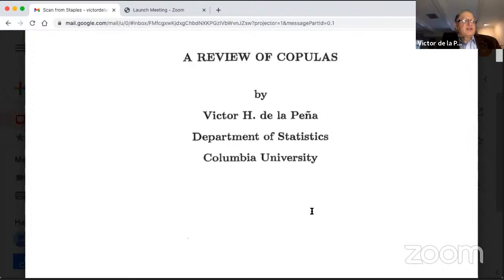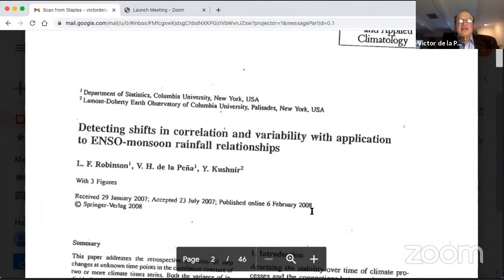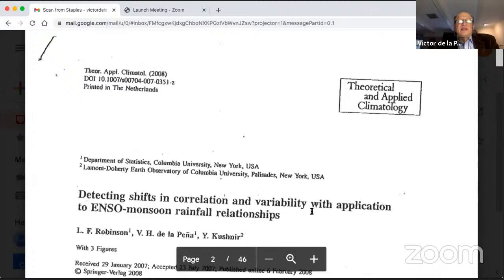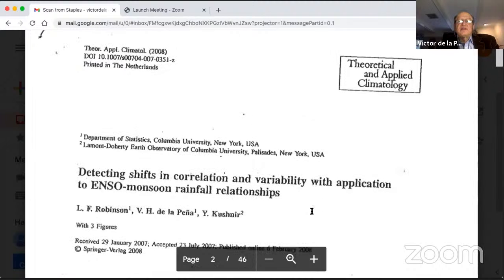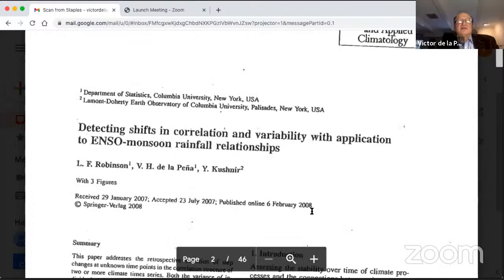Okay, so this is the beginning of the presentation. I started many years ago doing some climatology, and together with a geophysicist and a student, we obtained a result on detecting shifts in correlation and variable with application to El Nino Southern Oscillation, monsoon, and rainfall relationships.